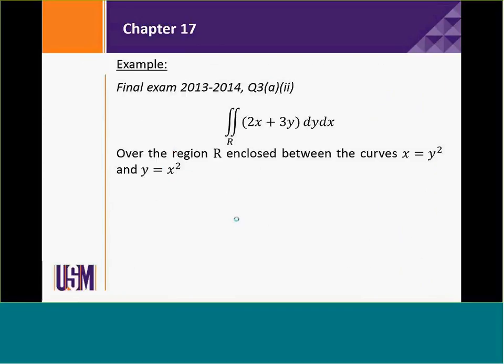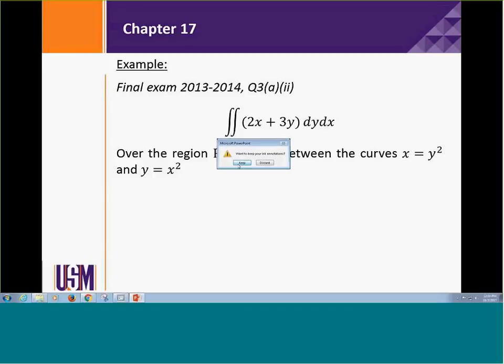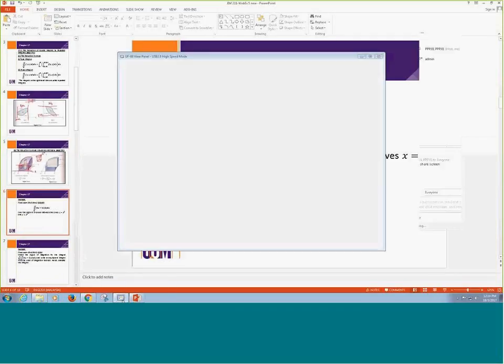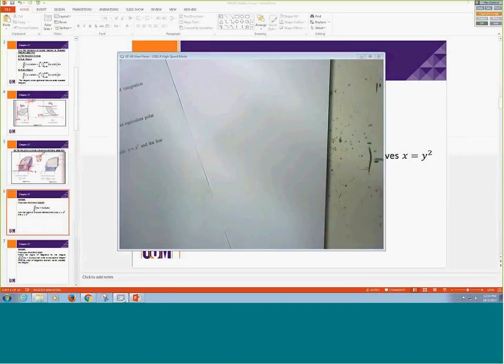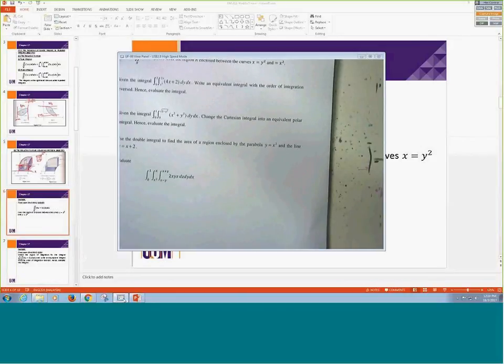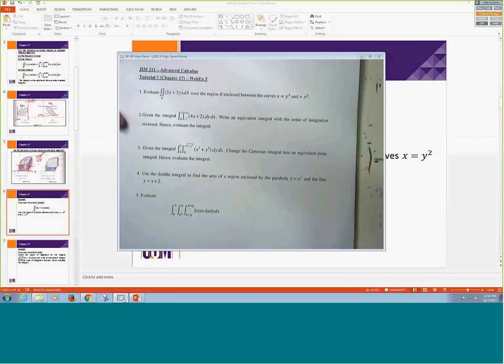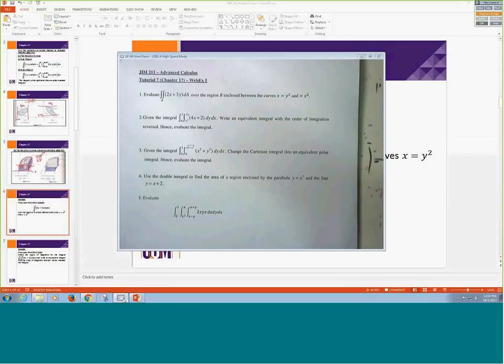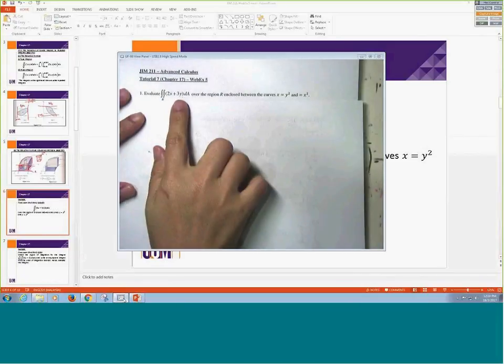So let's look at these questions. The final exam 2013-2014, question 3. This is actually taken from tutorial 7. Evaluate this double integral.